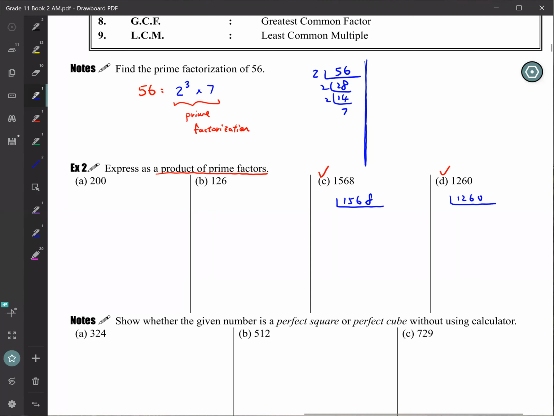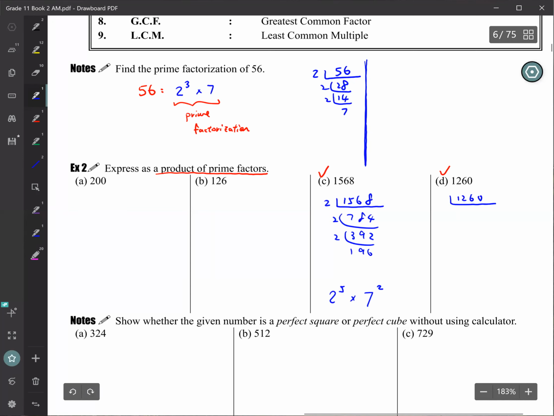All right, so let's check question C first. Okay, Colin, what's your prime factorization? 2 to the power of 5 times 7 squared. Okay, so you get 5 2s, right? So divided by 2, 784. Divide by 2, 392. 2 again, 196. 2 again, 98. 2 again, 49.